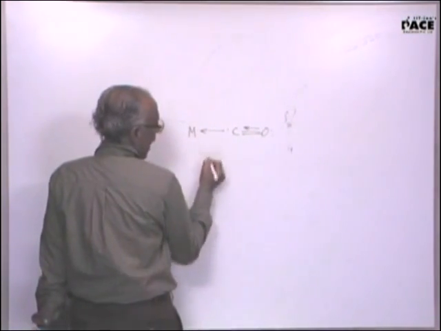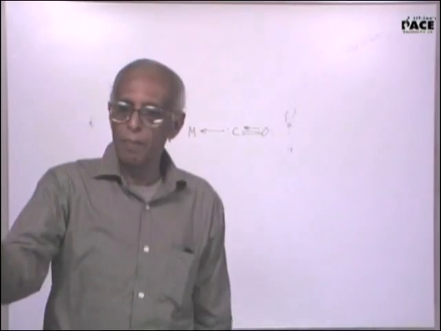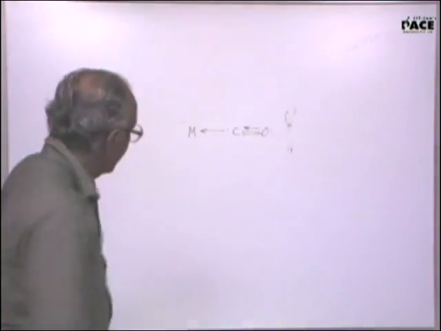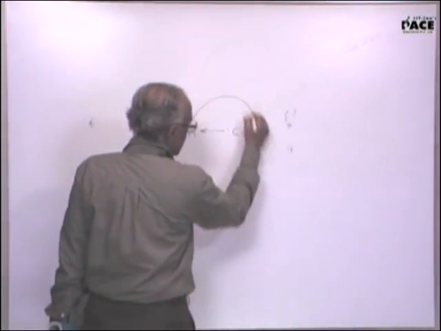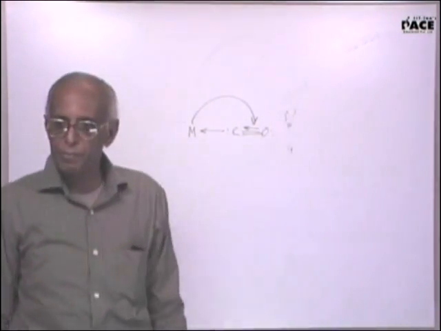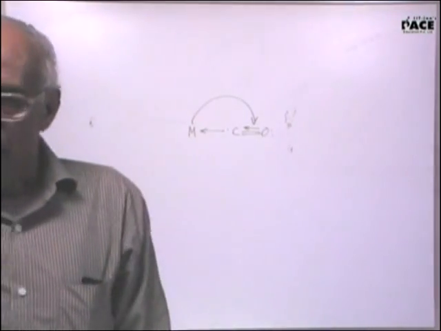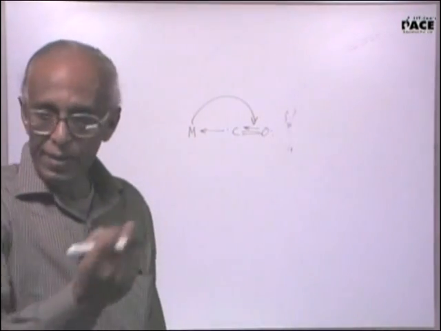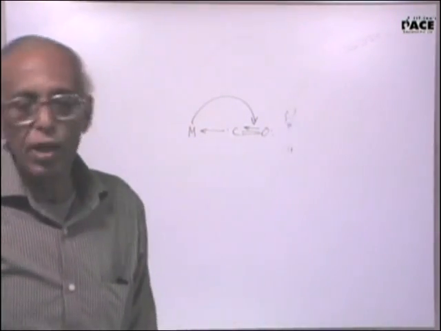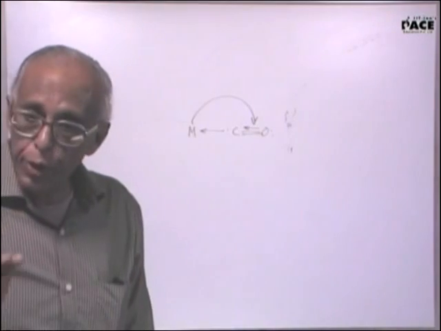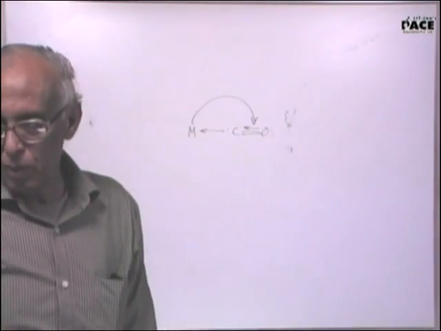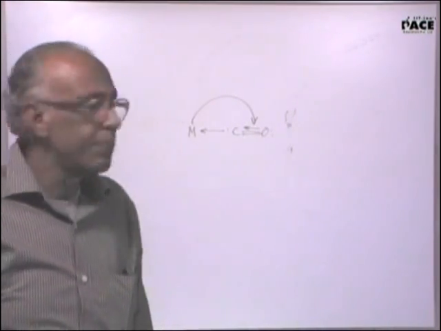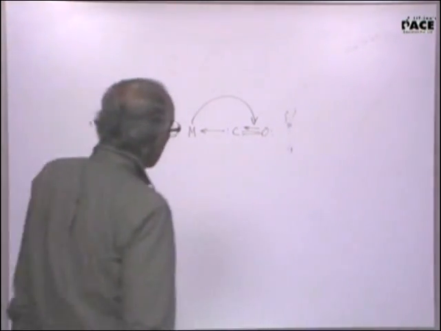This is the first act: the carbon of the carbon monoxide donates a pair of electrons to the metal, and then the metal gives the electron to carbon monoxide. And this back donation is more important than the acceptance, because carbon monoxide is a poor donor of electron. So the stability arises due to back bonding. Okay?